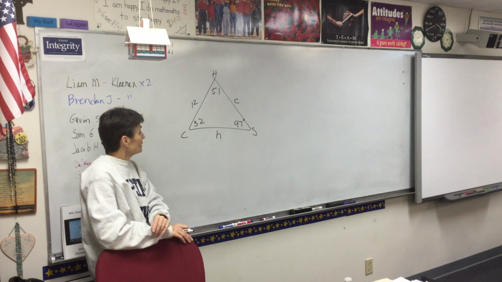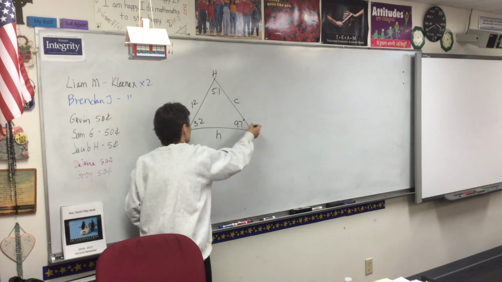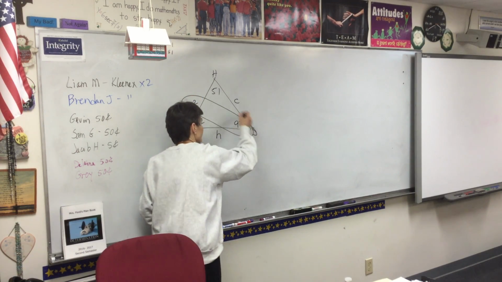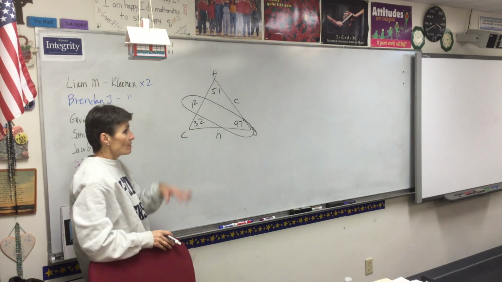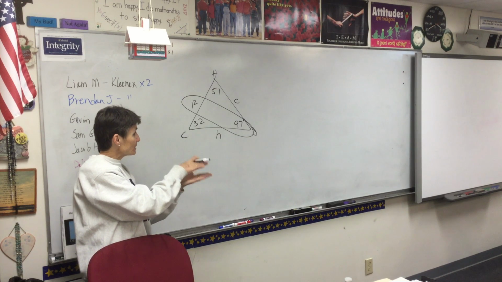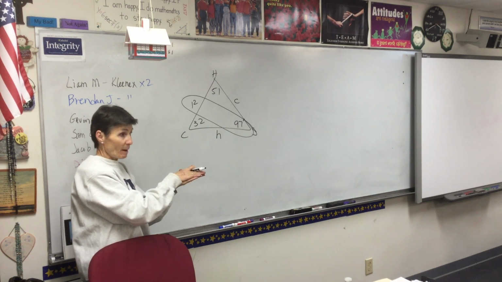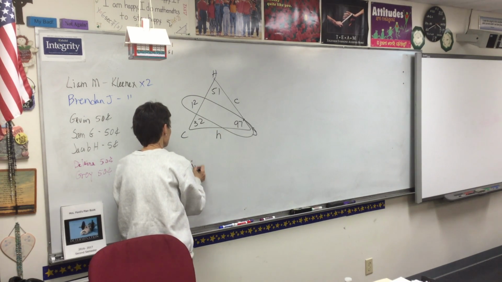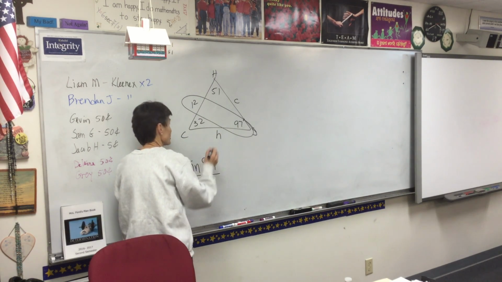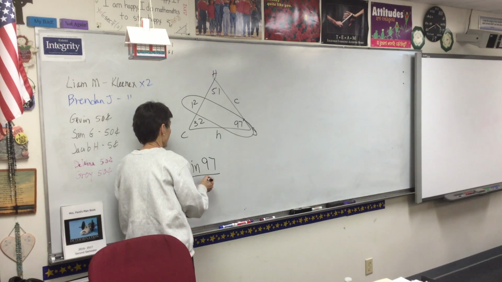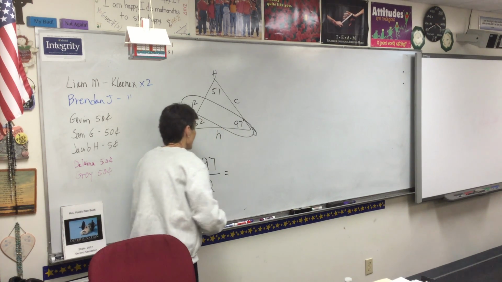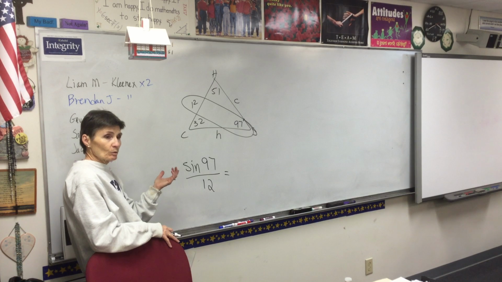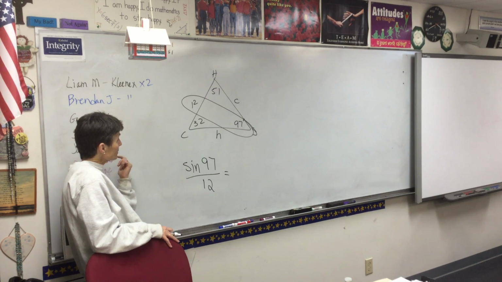Easy. Now, see this right here? That's going to be my foundational piece for my proportion, my law of sines. Sine 97, so it's always sine of the angle over the side. And now what do you want to set that equal to? You get to pick.